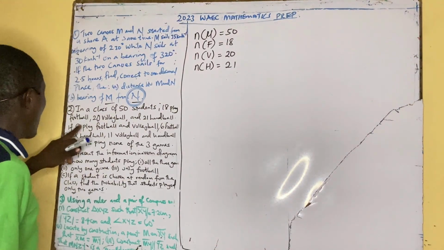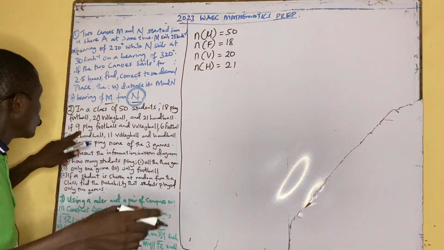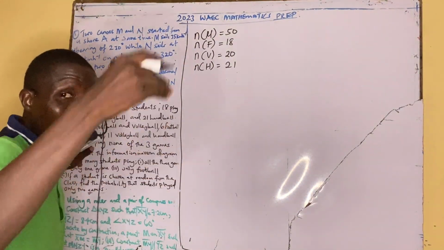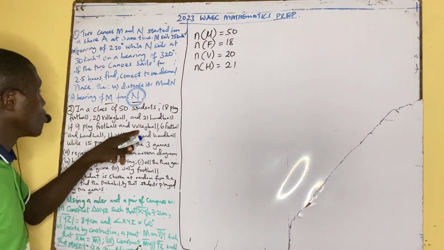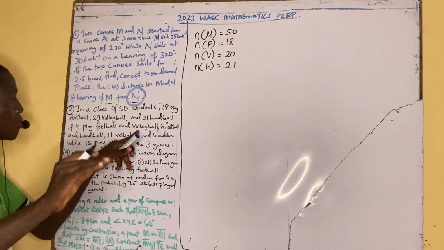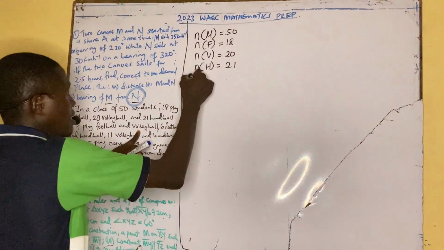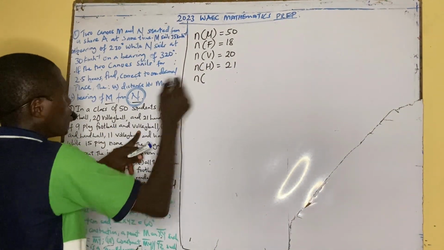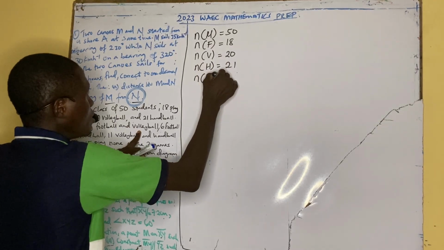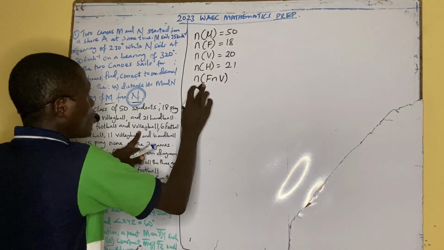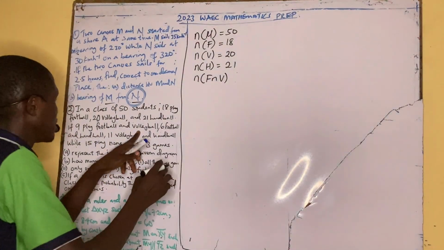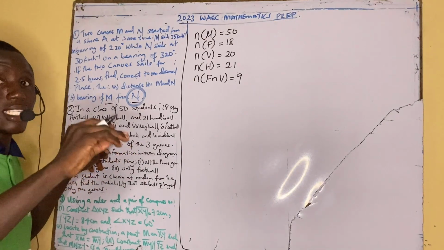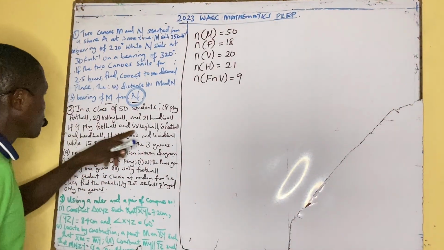Handball is 21, volleyball is 20. And if 9 play football and volleyball, that is the intersection. You use intersection for "and". So that's how you interpret intersection.